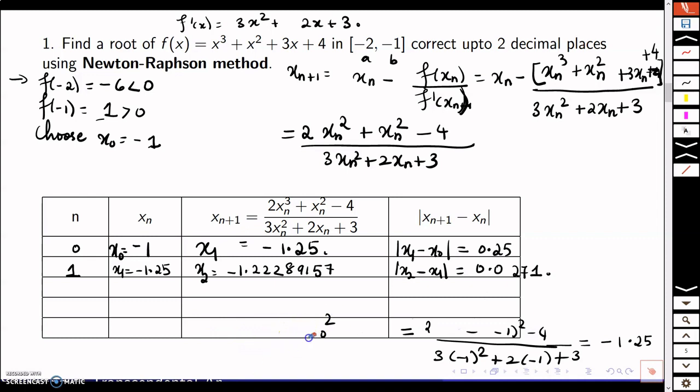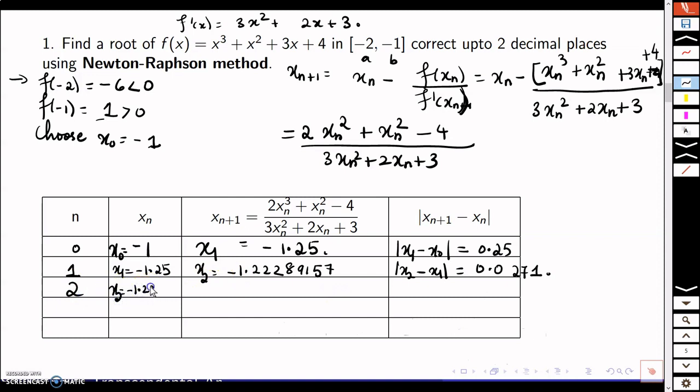So I will erase this rough work which I have done here. So we have got the third approximate root. Now we are ready to compute the next one. We have to go on computing this until we get the desired error level. Okay. So the next iteration will be, you take this value of x2 and you get it here, minus 1.22289157. Okay.